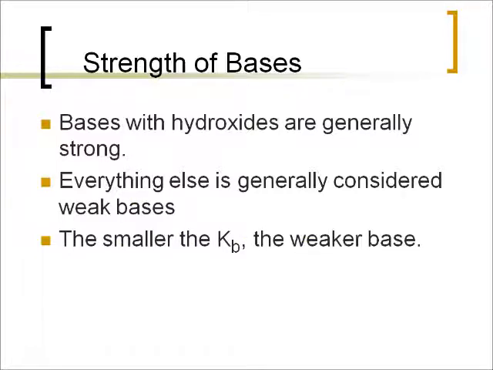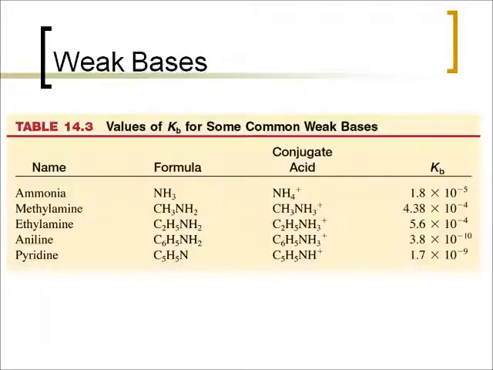So let's show the ones that we did from the previous table. If you take a look here, we do have Ka values, and we have Kb values, and the larger the Kb value, the stronger the base.